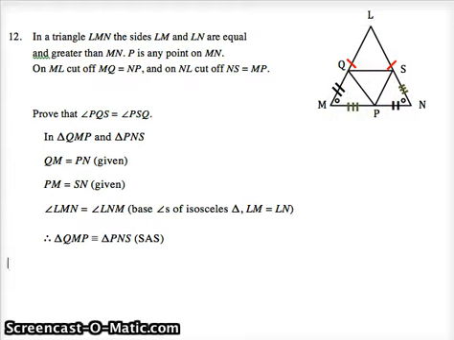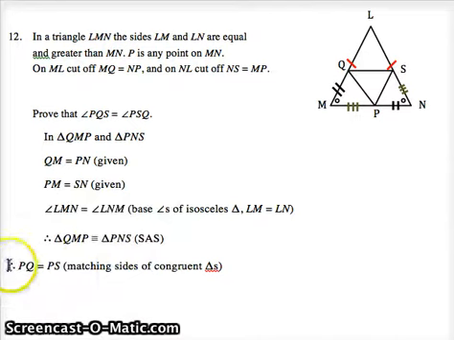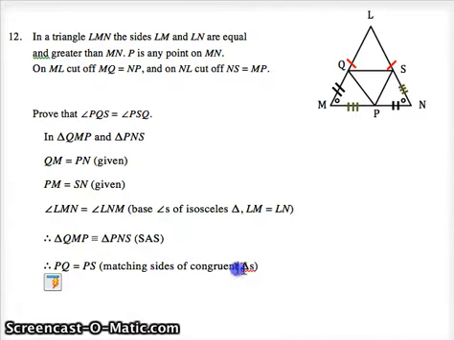So what we'll say is that PQ equals PS, because they are corresponding or matching sides of congruent triangles. So PQ equals PS. And because of that, PQS is an isosceles triangle, therefore angle PQS equals angle PSQ, and that's what we've been required to prove.